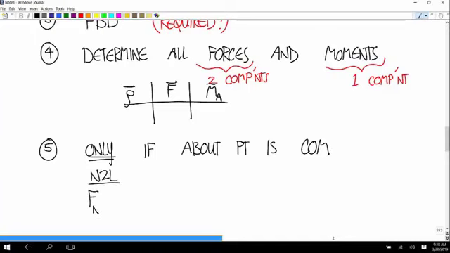So F net is equal to mass times the acceleration of the center of mass. How many useful equations do we get from this? 2, yep.